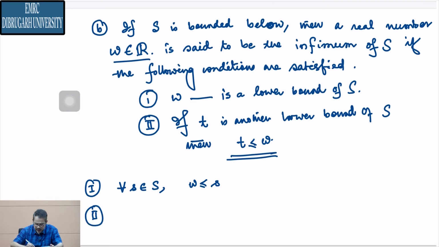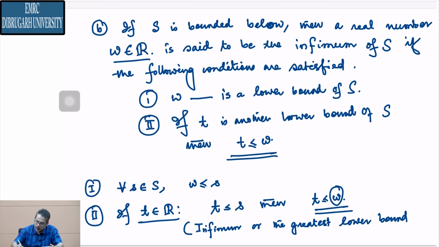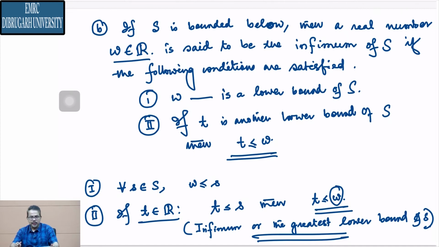And condition 2 says that if T is another real number such that T is less than or equal to s, then T must be less than or equal to W. So, W is the greatest, and it is called the infimum, or the greatest lower bound of S.